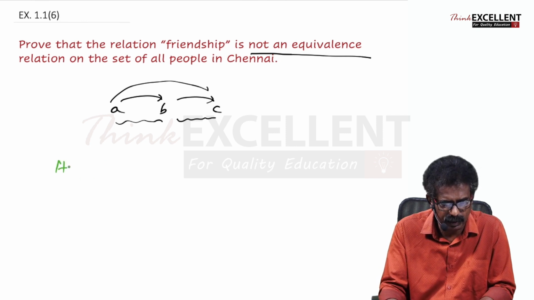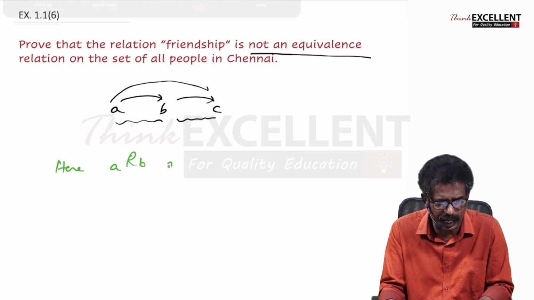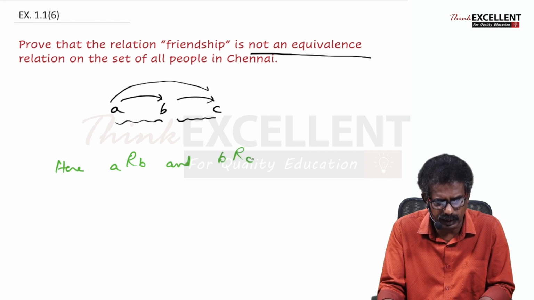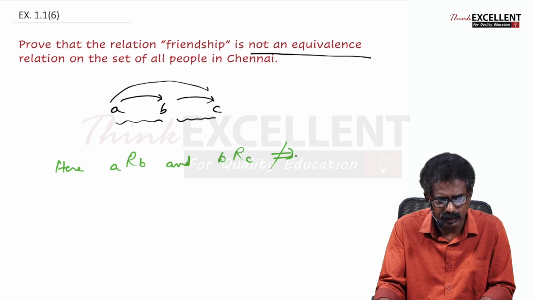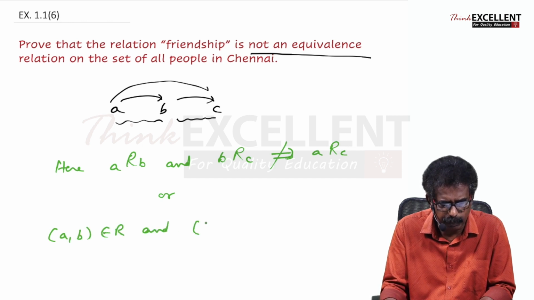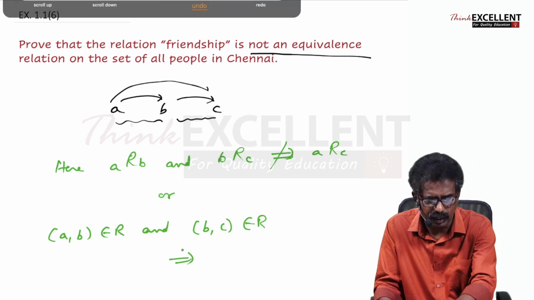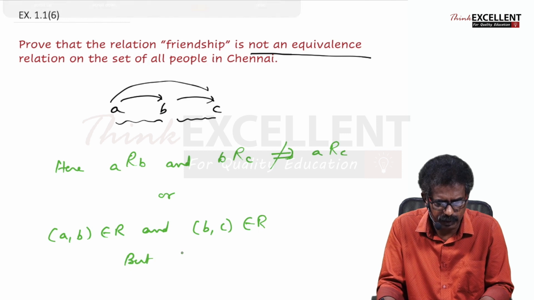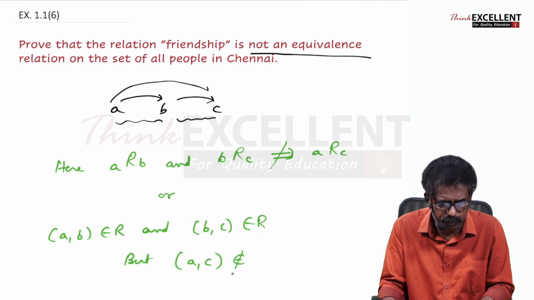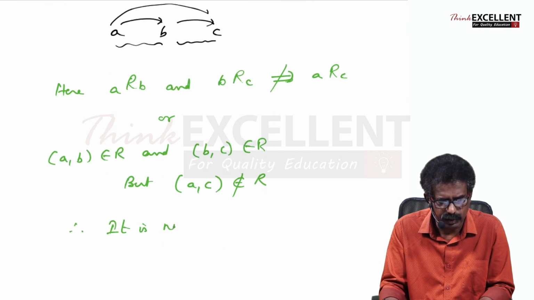So here A is a friend of B. A related to B and B related to C need not imply A related to C. You can write like this, or you can write our usual way: (A, B) belongs to R and (B, C) belongs to R, which does not imply, or you can say but, (A, C) does not belong to R. Therefore, it is not transitive.